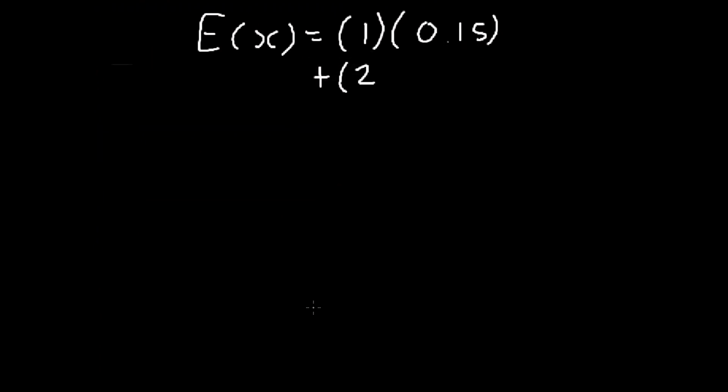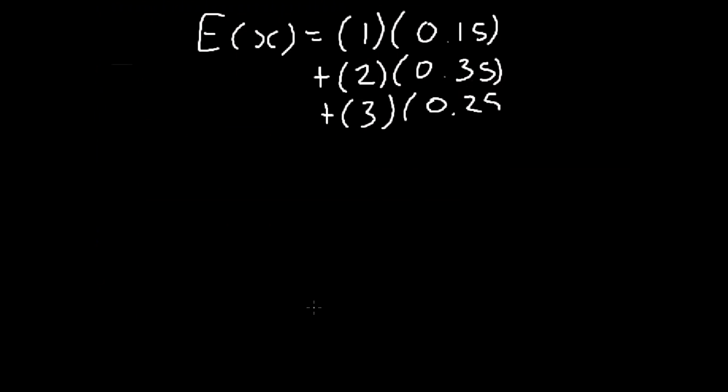So our E of X for part A is going to be equal to 1 times the probability, okay, plus 2 times the probability at that point, which was the 0.35, and then you can kind of see the pattern here, right? So it's kind of like a weighted average, if you've ever heard of that before.